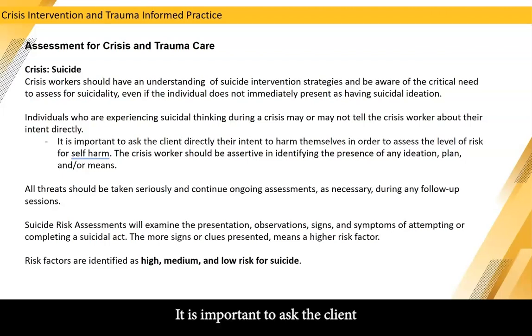It is important to ask the client directly about their intent to harm themselves in order to assess the level of risk for self-harm. The crisis worker should be assertive in identifying the presence of any ideation, plan, and/or means. All threats should be taken seriously and ongoing assessments continued as necessary.